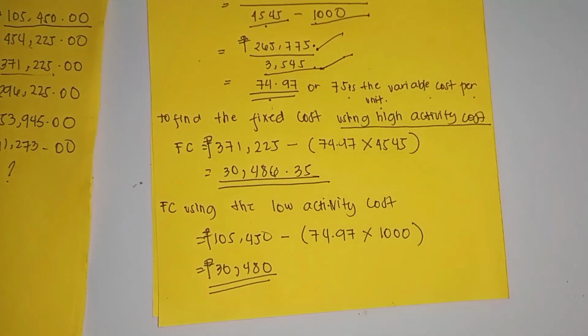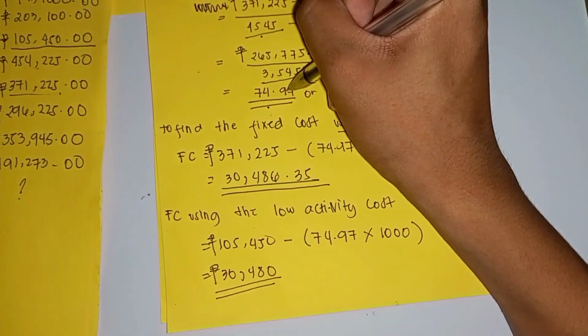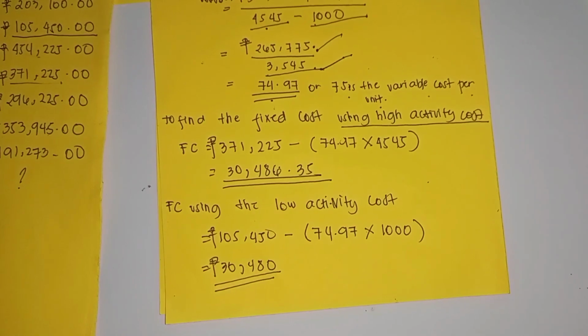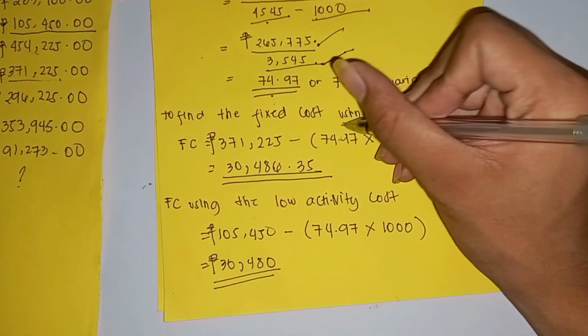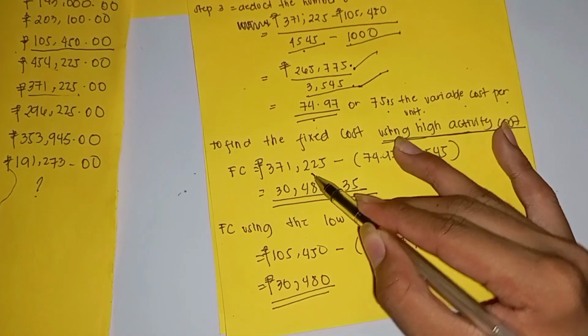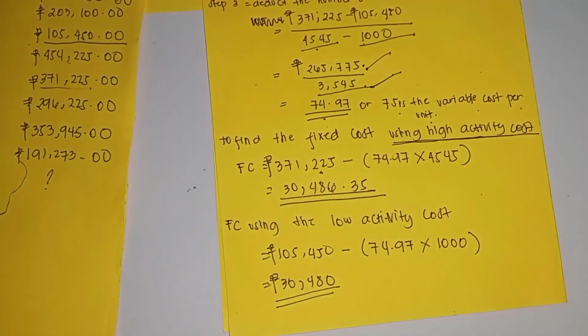Since we have already found the variable cost, which is 74.97, then we need to find the fixed cost. First, we need to find the fixed cost using the high activity cost. So what is the high activity cost? Again, the highest activity cost of the same period is May.